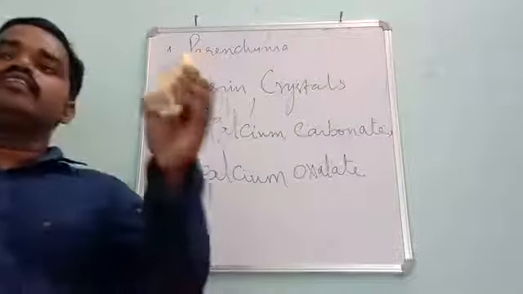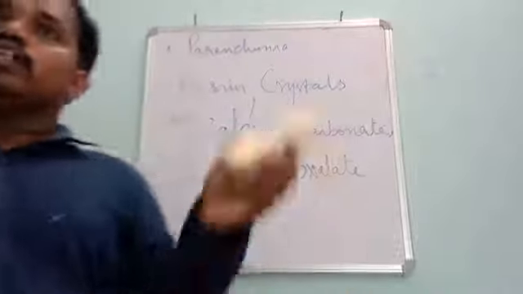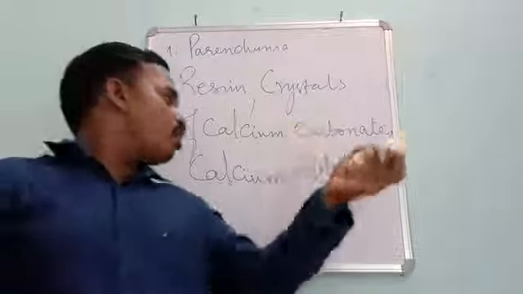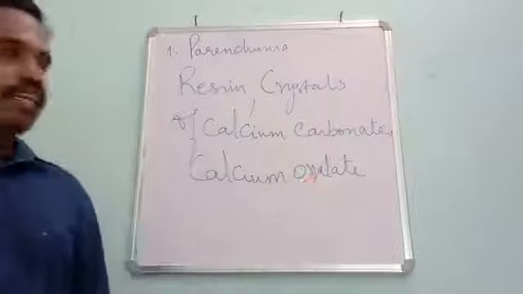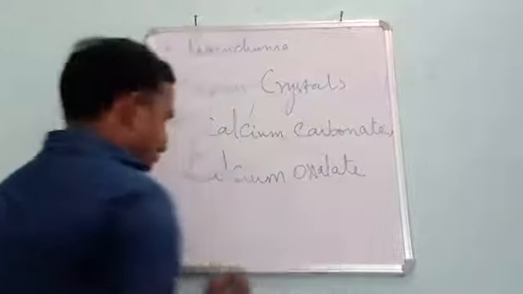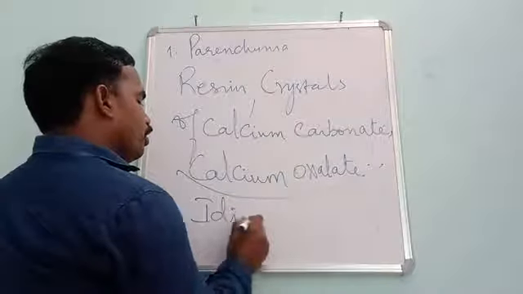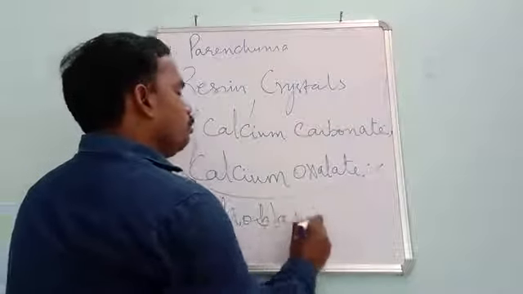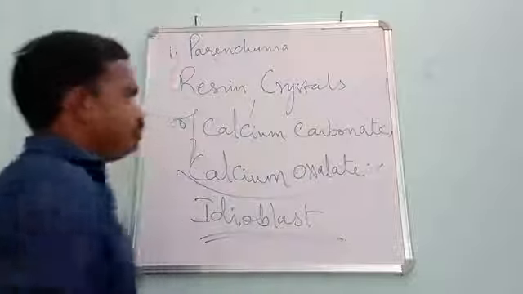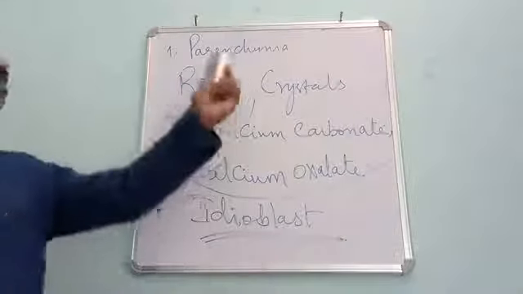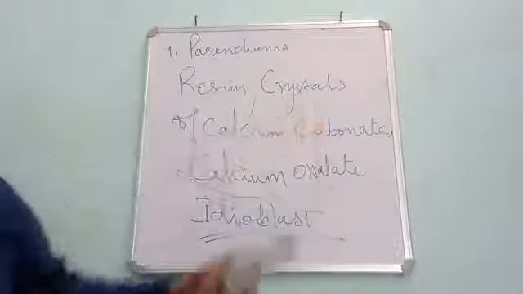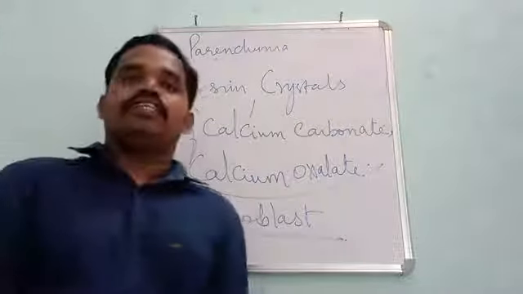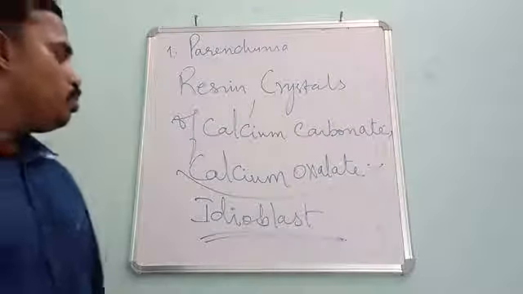So in certain cases, the parenchymatous cells store resin and crystals of calcium carbonate and calcium oxalate. These are known as idioblasts. Idioblasts are formed of resins and crystals of calcium carbonate and calcium oxalate. Got it?